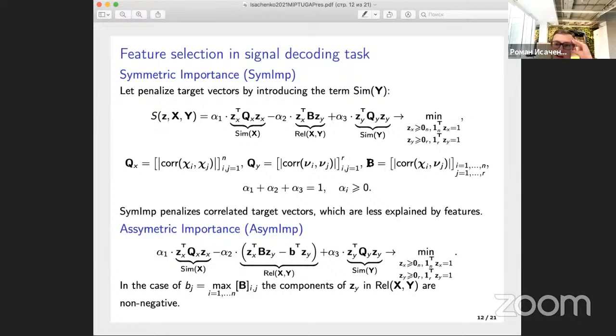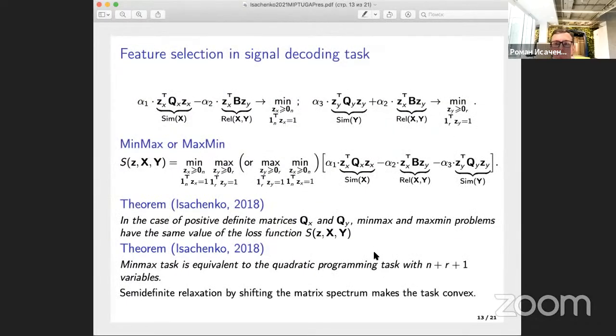To account for the target vectors that are weakly correlated with the initial features, it's proposed to add a penalty term for the target vectors that are weakly correlated with the initial features. And in this case, the contributions of features and target vectors become asymmetric. If we have target vectors that are weakly correlated with the initial features, we propose a min-max feature selection problem.